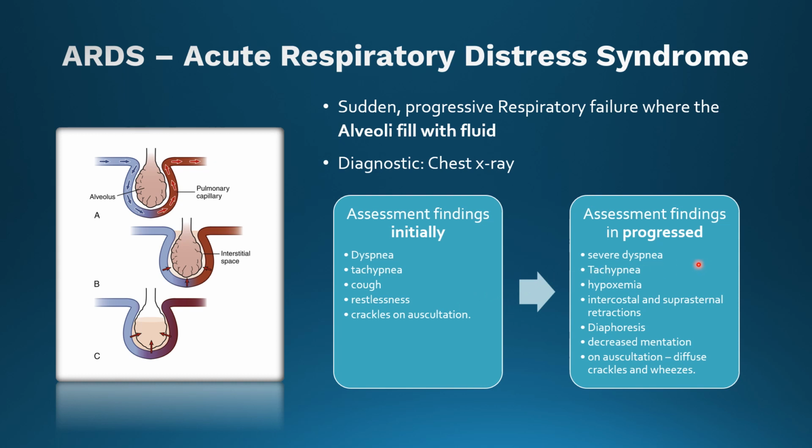So severe dyspnea, severe tachypnea, hypoxemia, intercostal and substernal retractions, so the use of the accessory muscles. They tend to be quite diaphoretic. They have a great decrease in their mentation. On auscultation, you're going to hear diffuse crackles or wheezes throughout all of their lung lobes.